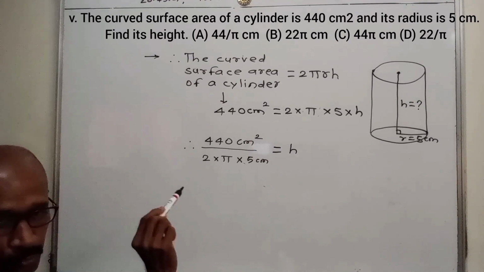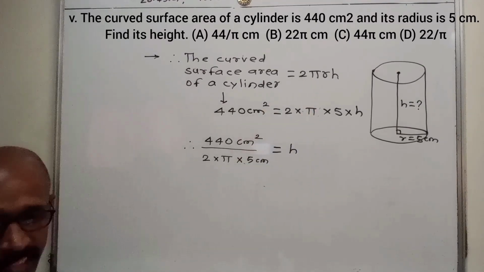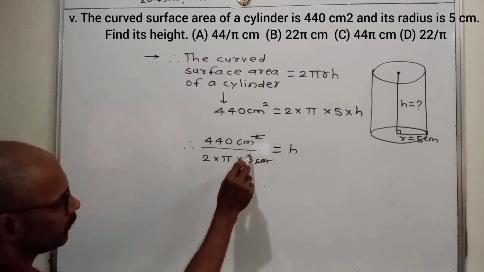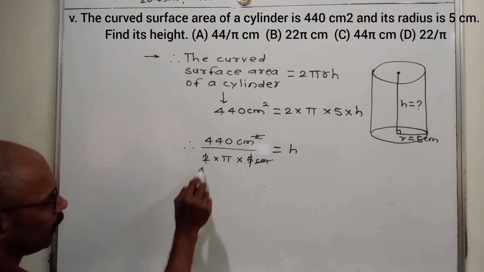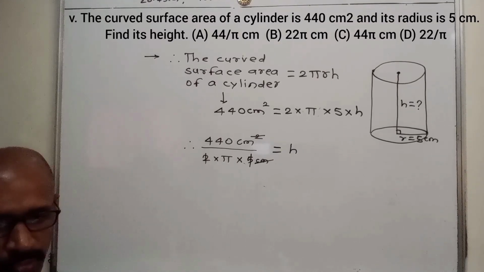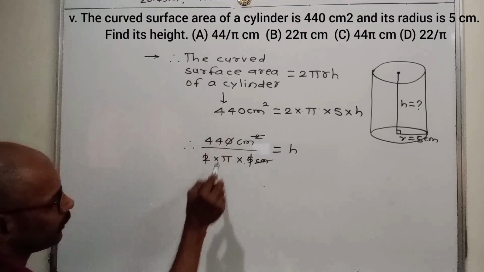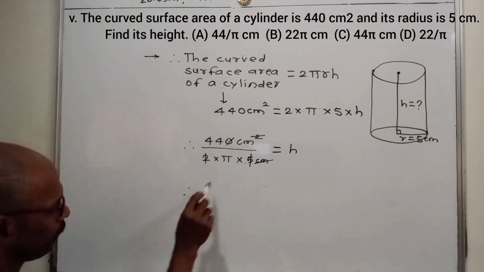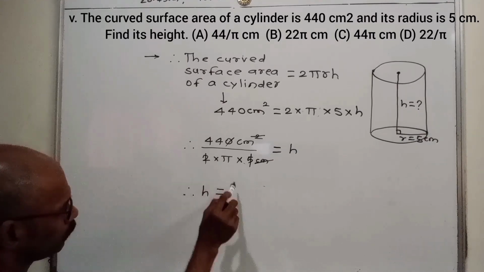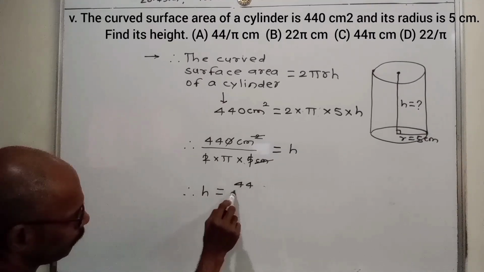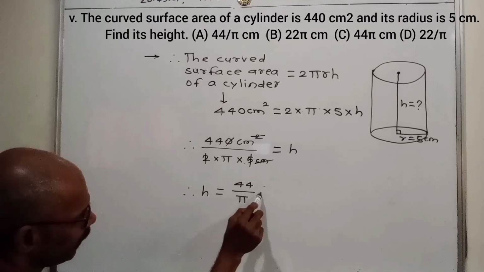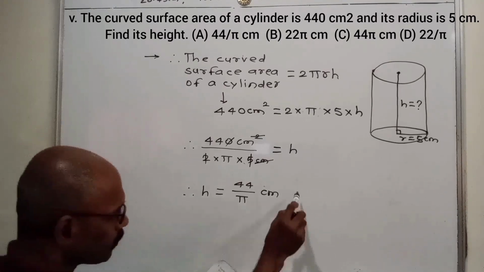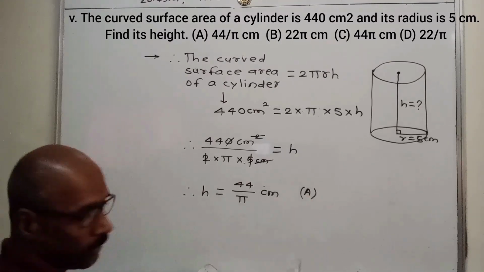Here no unit to 2 because 2 is in the formula. So centimeter, and this cancelled. 5 into 2, 10. 10 cancel this. Did you get it? Therefore, h is equal to 44 upon 5 centimeter. This is our option A.